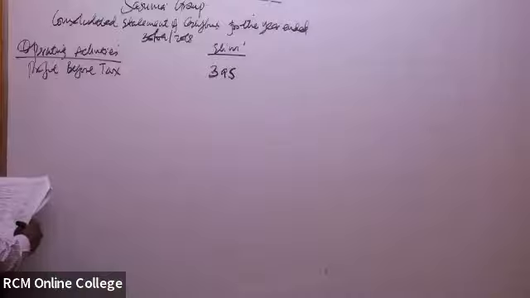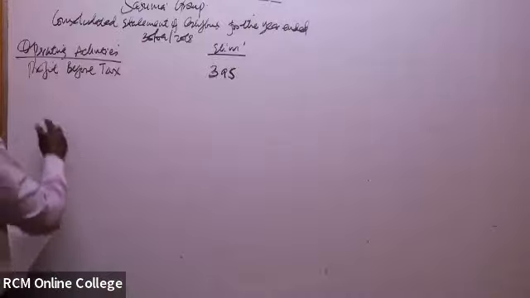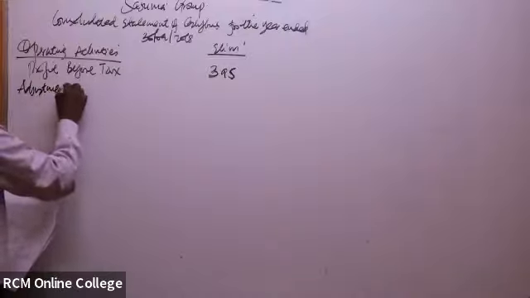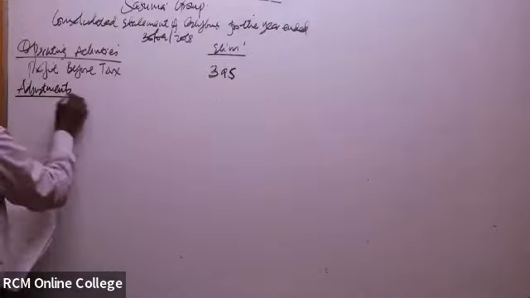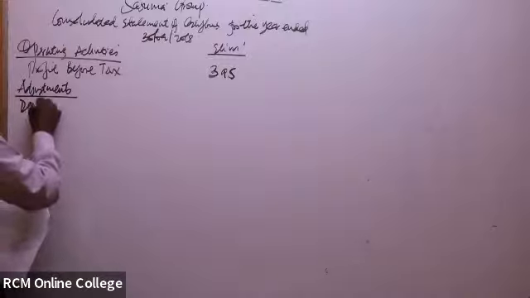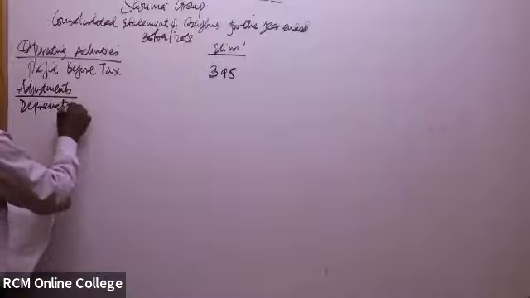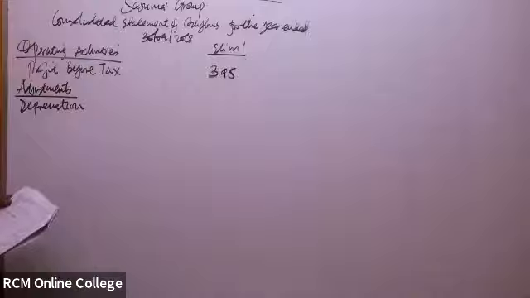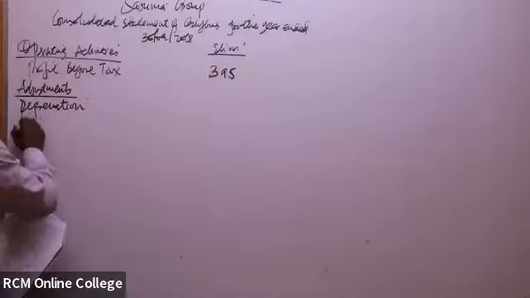Then you adjust the non-cash items. So adjustments. Of course you have depreciation. Depreciation is how much? We have impairment of goodwill.